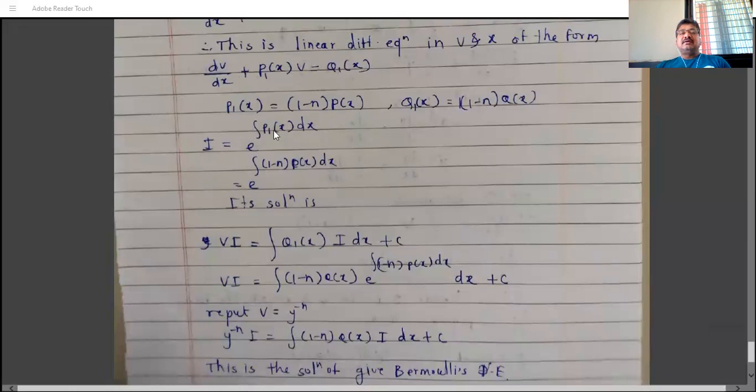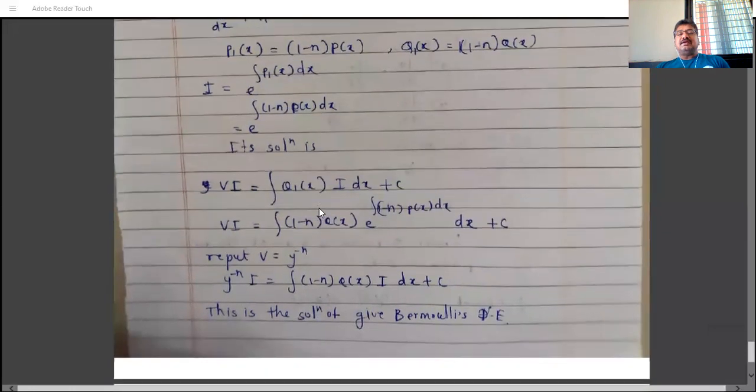And we know that in order to solve the linear differential equation, first find the integrating factor, I is equal to e raised to integration of P1(x) dx, not P(x) dx, because this is the linear differential equation. So I is e raised to integration of (1 minus n) P(x) dx.